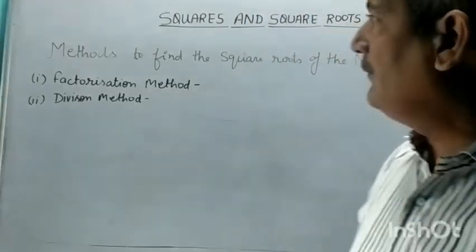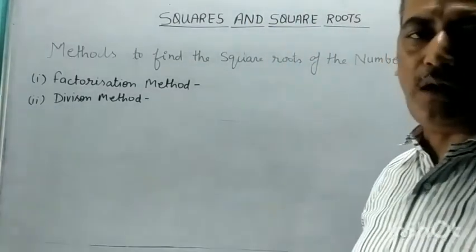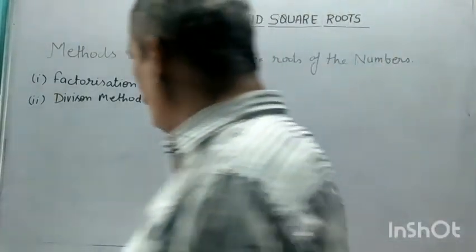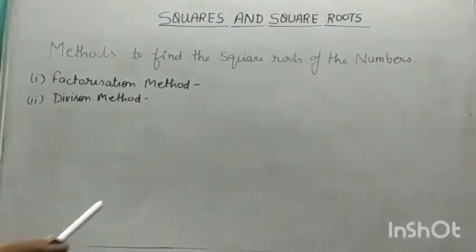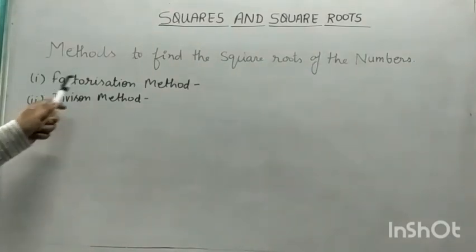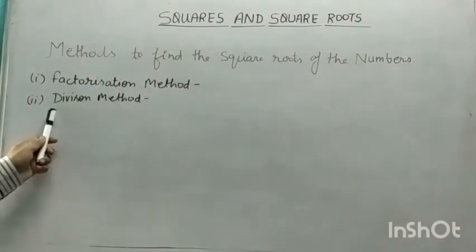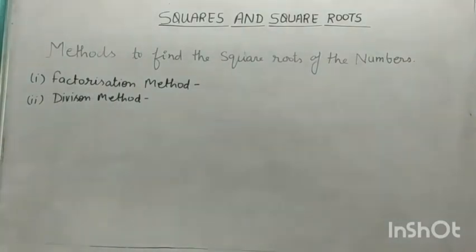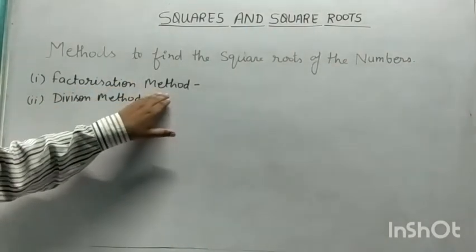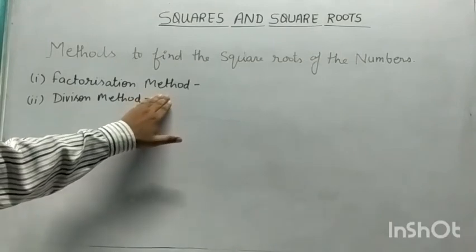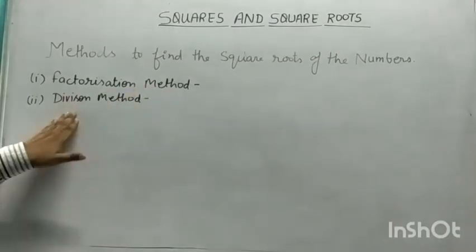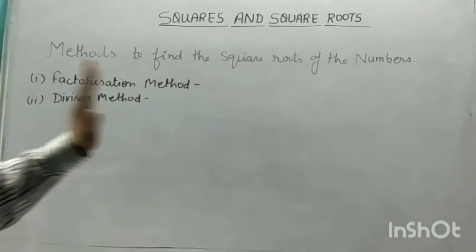How can we find the square root of a given number? We use two methods for the square root of given numbers. The first is the factorization method and the second is the division method. The factorization method is used to find the square roots of perfect square numbers, and the division method is used for each and every number.